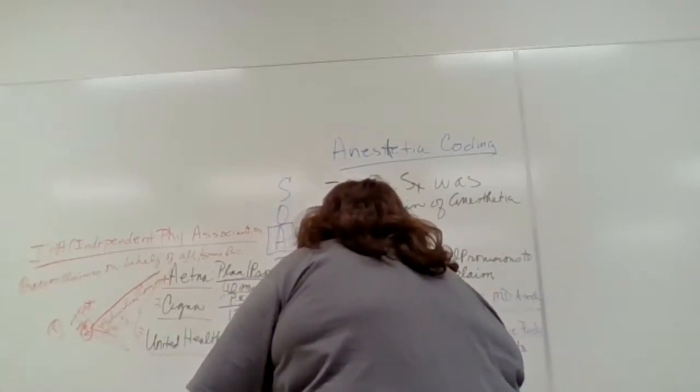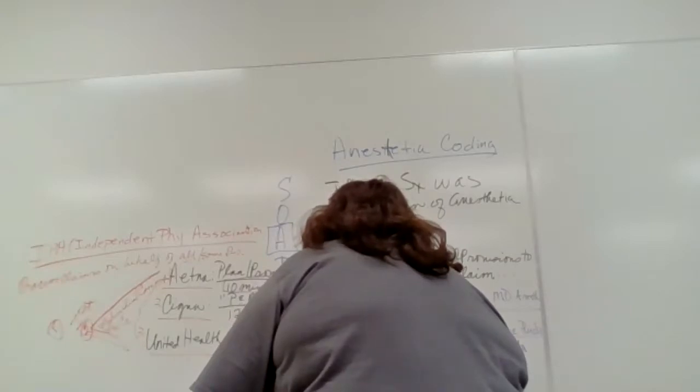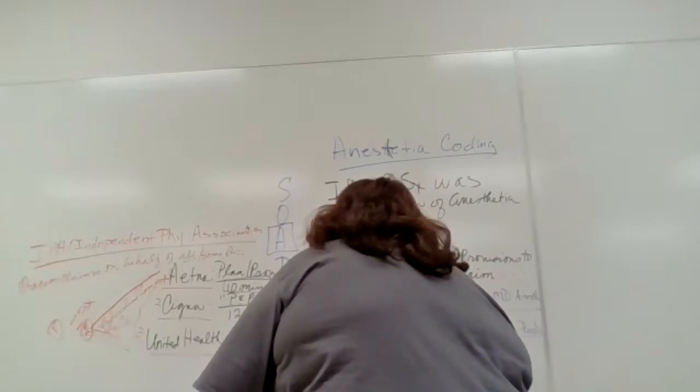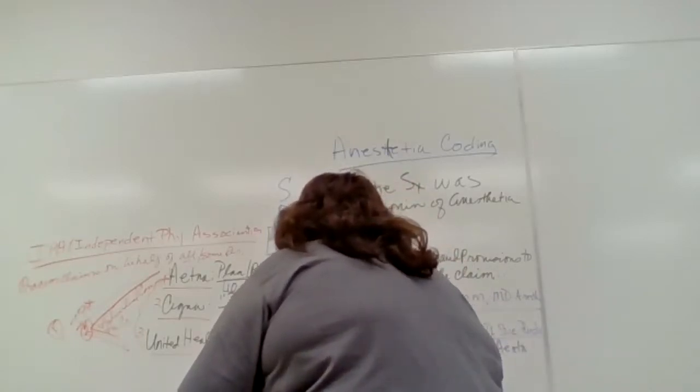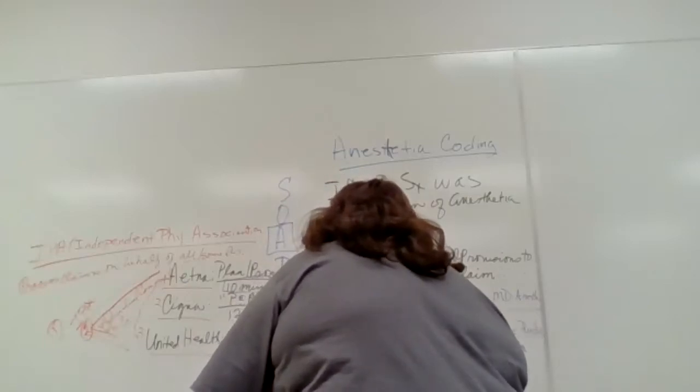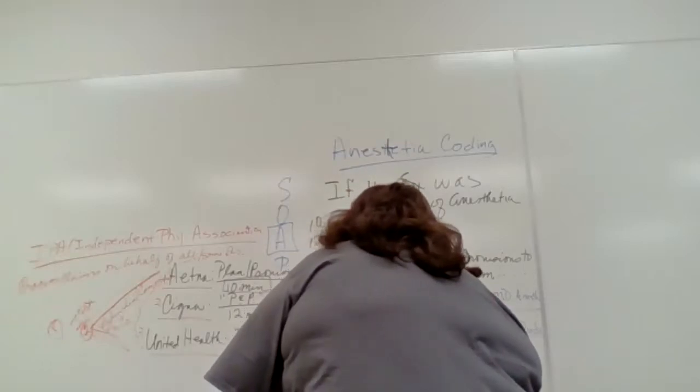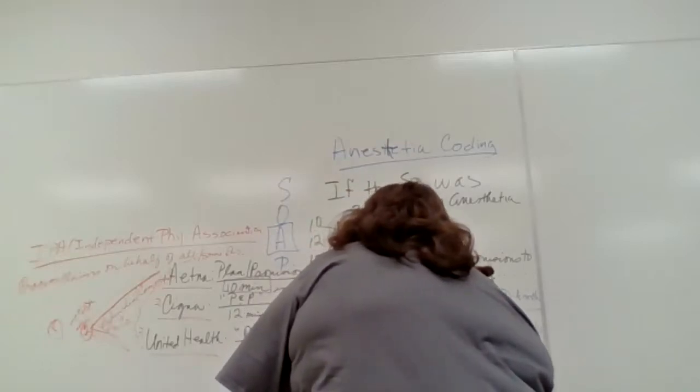And the units will be under 24G. This is box 24A, and this is box 24G. The units will be 26, and then you have the price.